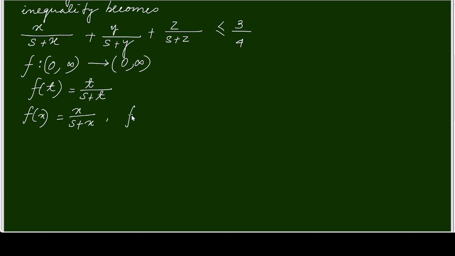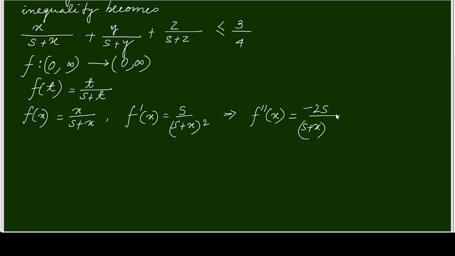If we see the derivative of this function, it equals s over s plus x whole square, and if we take the second derivative of it, it will be negative 2 x s over x plus s whole power 2.